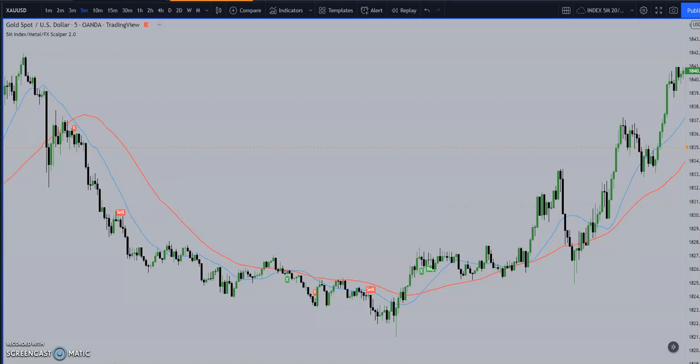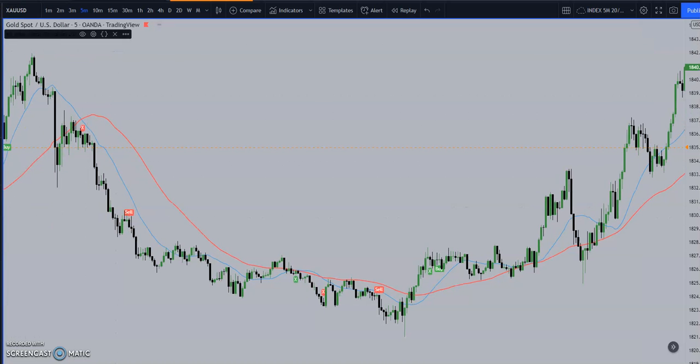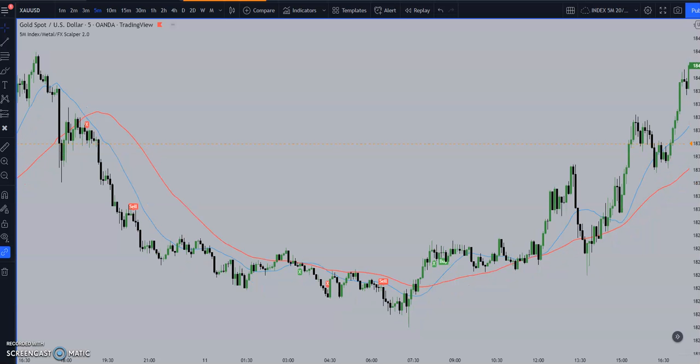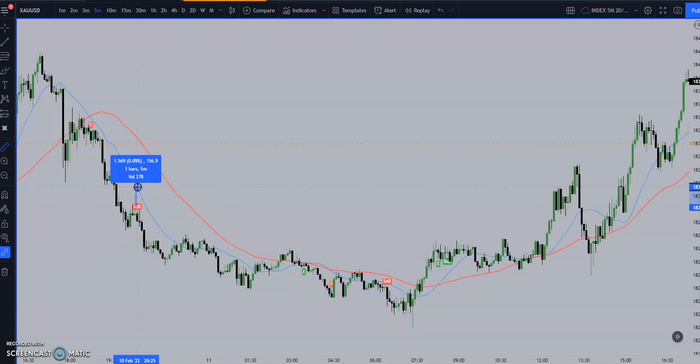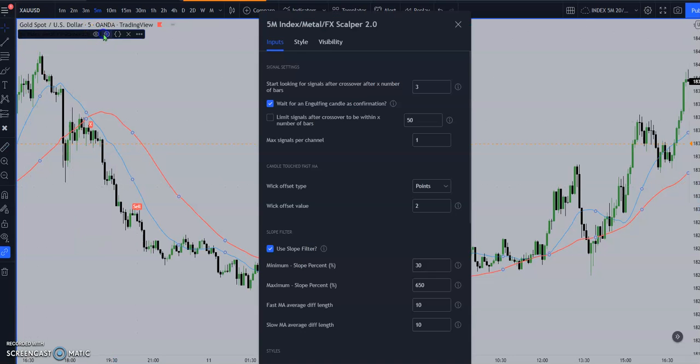If we were to come in here and measure the distance, we are looking at 1.5, so less than 2 points. That would be why that one didn't do it for 1 point. So we have 2 points right here. We brought that down to 1. We had missed that one, but we have 2 points.